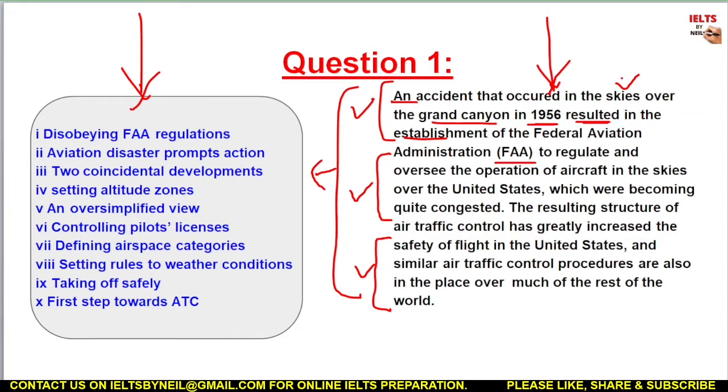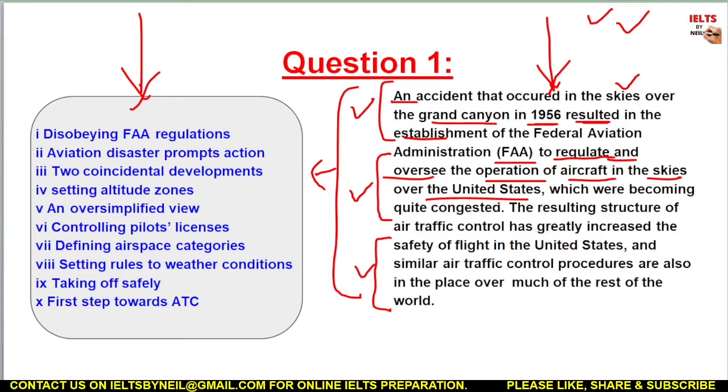So something happened in the sky and the FAA was established. All right, let's move on. And oversee the operation of aircraft in the sky over the United States. The FAA was made to oversee, to check the operations of aircraft in the sky of the United States.